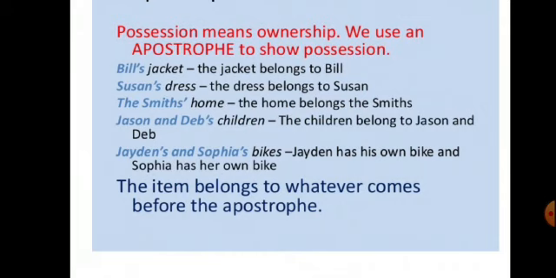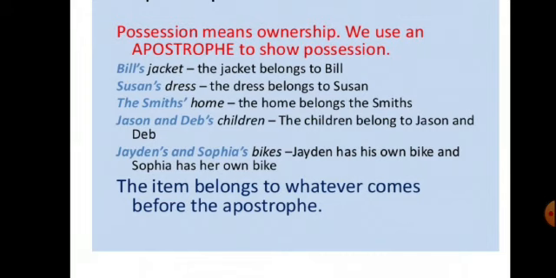Why? When I say Jaden's and Sophia's bikes, it means that Jaden has his own bike and Sophia has her own bike. So everyone has his or her own bike. I mean that I have two different bikes, each one belongs to one of them.